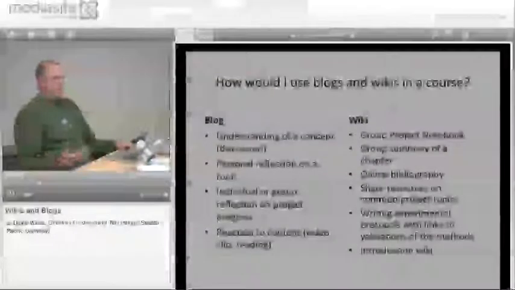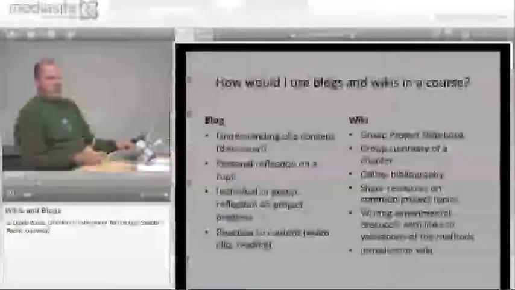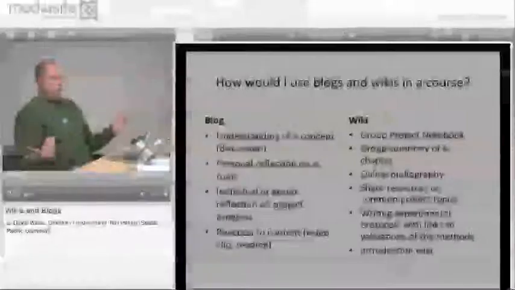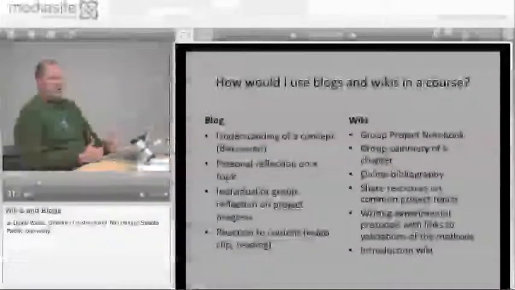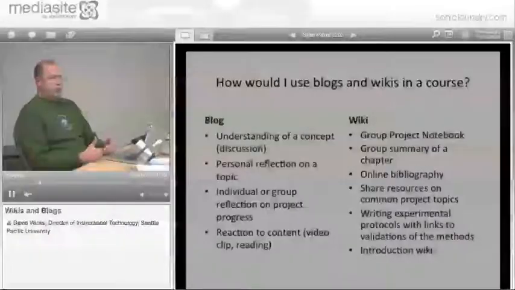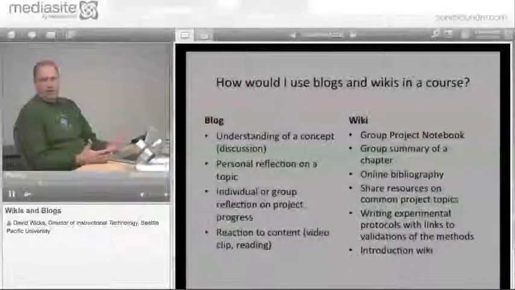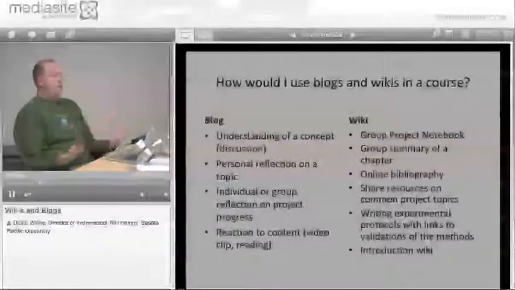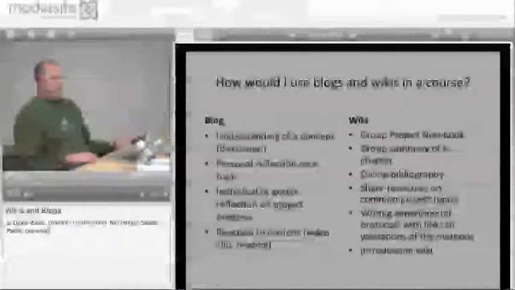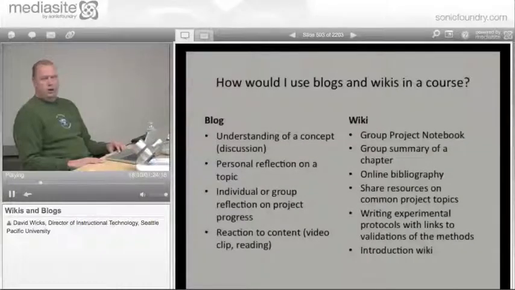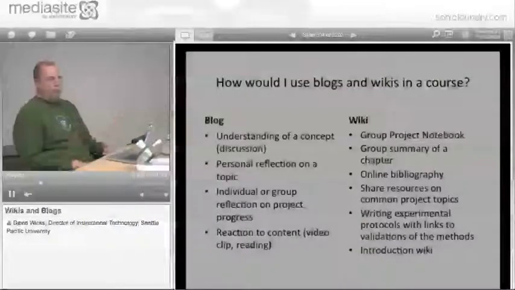There's a possibility that you would have some kind of an online bibliography. Maybe everyone is working on the same type of project and you're sharing resources. So the assignment is the same for everyone in the class, but maybe you've decided, well, let's make sure we all have a common list of resources that we're working from to write our papers.